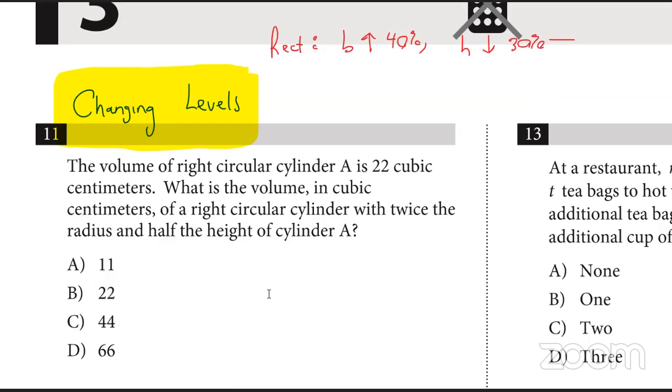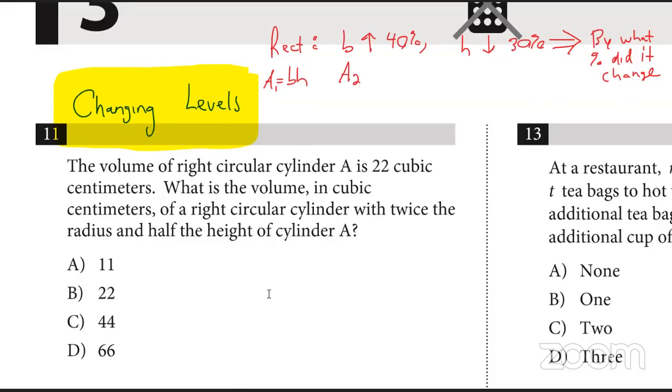And the question will say, by what percent did it change? So just imagine that the area of a rectangle is base times height, or length times width. So we'll call that A1. This is just an example I made up to show you this concept, and then we'll apply it to question 11, which is a little tougher.